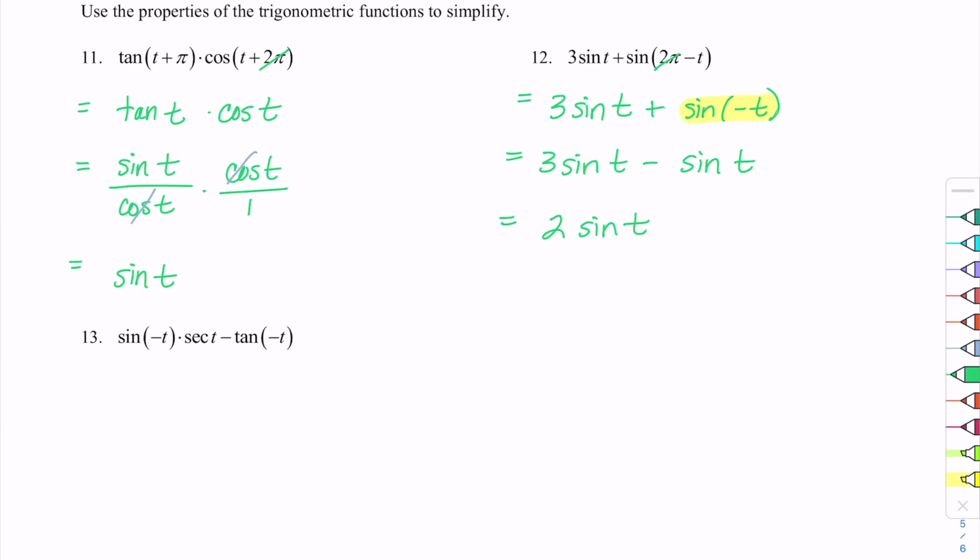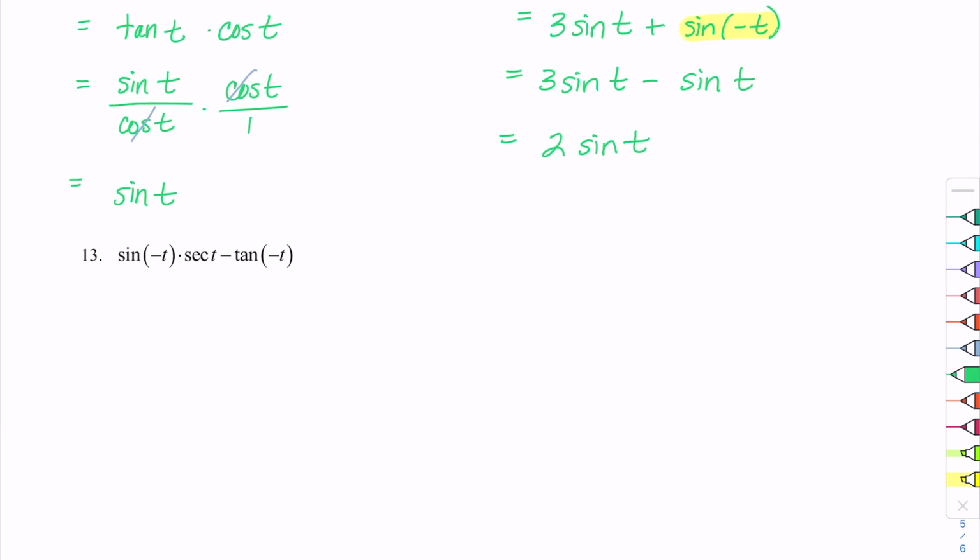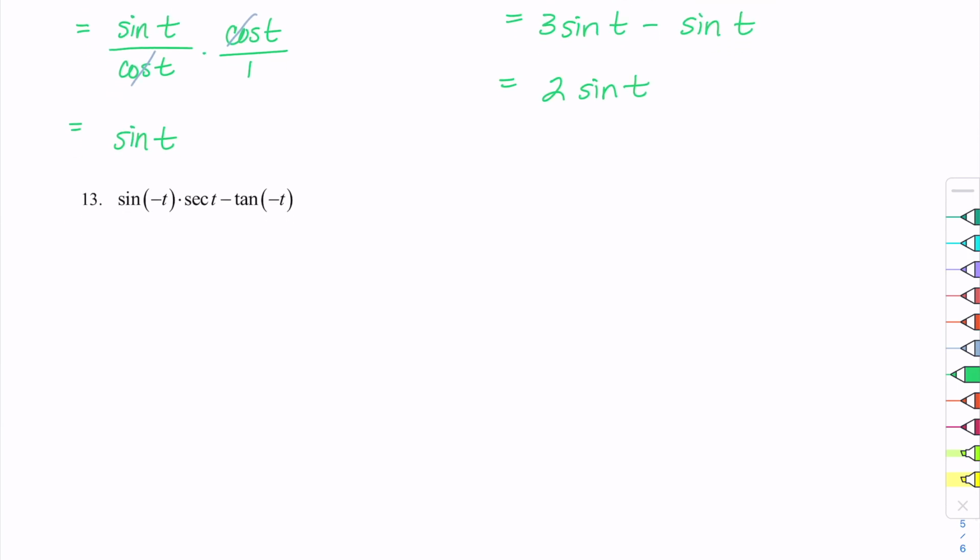Okay, let's continue with these properties. Again, we see that sine is an odd function, so that's going to be equal to the opposite of the sine of t. Let's go ahead and break secant down as 1 over the cosine of t. And I'll place a 1 over this because I can. Now, what about the tangent of the opposite of t?